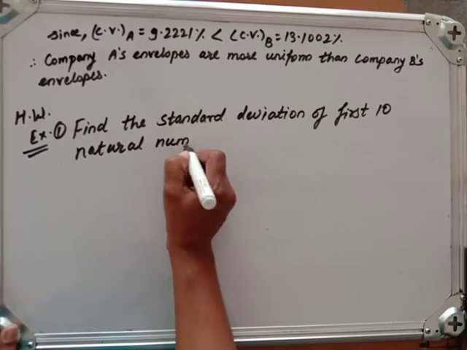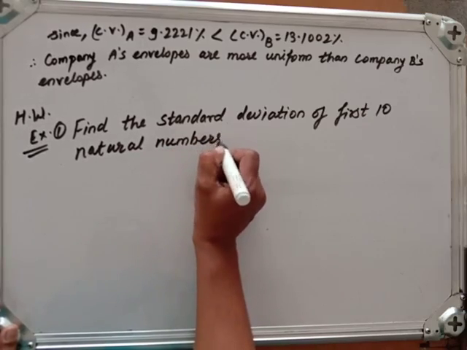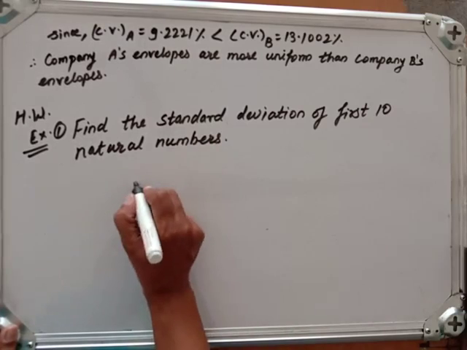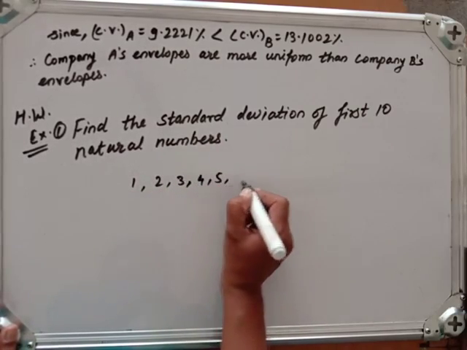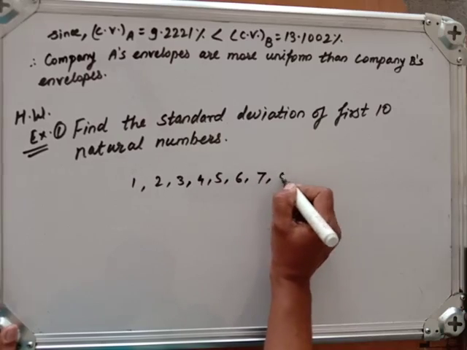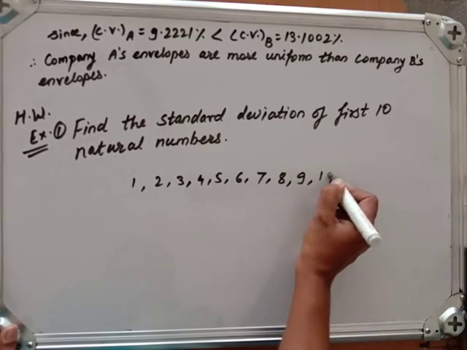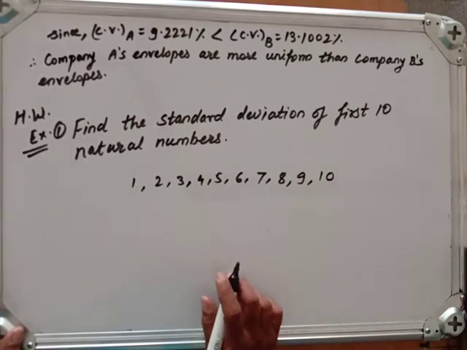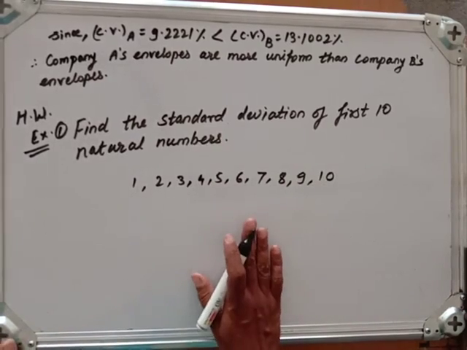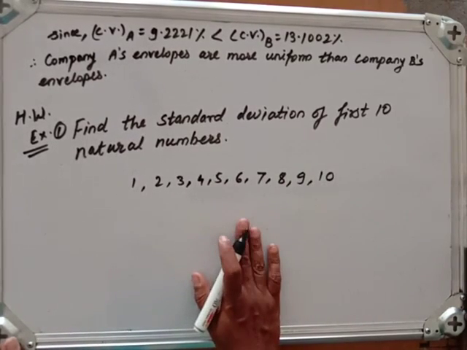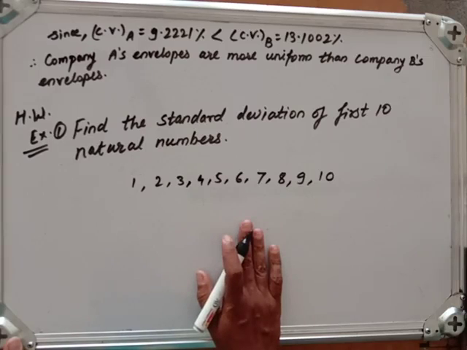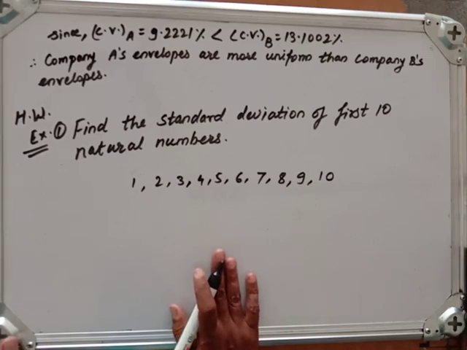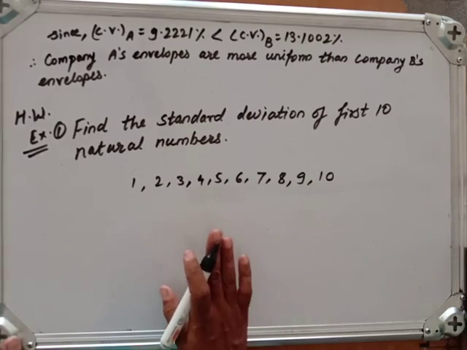This is a very easy question. First 10 natural numbers means 1, 2, and so on. This is an individual series distribution, so you can use that formula and determine the standard deviation. If you have any doubt in this, ask me either on Google Classroom or WhatsApp group.